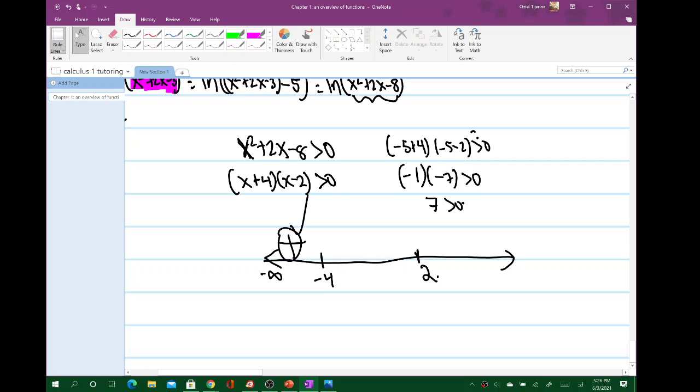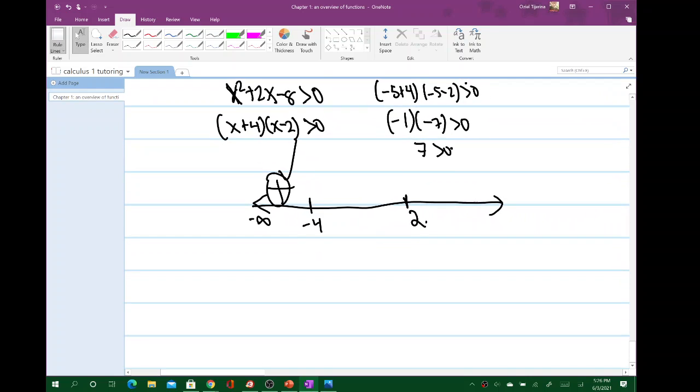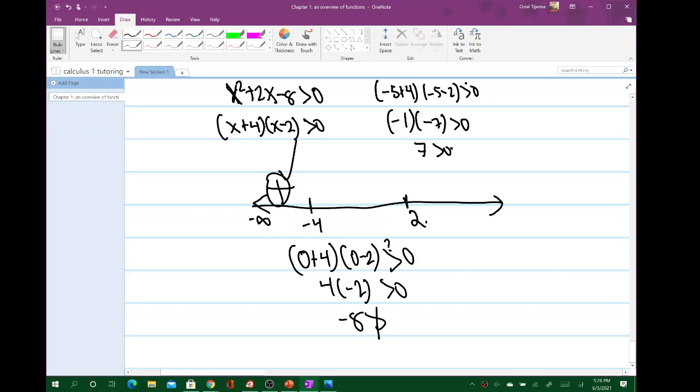Then between negative 4 and 2, it'd be 0 plus 4 times 0 minus 2, is that greater than 0? It'd be 4 times negative 2. Negative 8 is not greater than 0, so this part can't work, because it's negative, right?